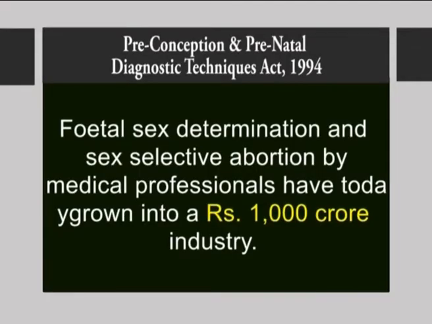There was a tendency for families to continuously produce children until a male child was born. Fetal sex determination and sex selective abortion by medical professionals have today grown into a ₹1,000 crore industry.